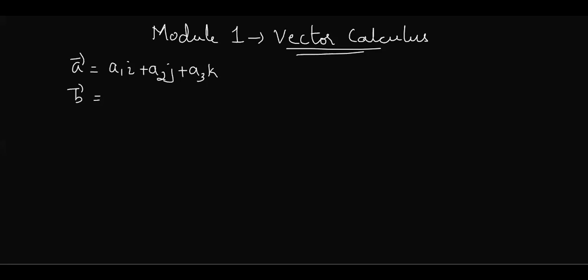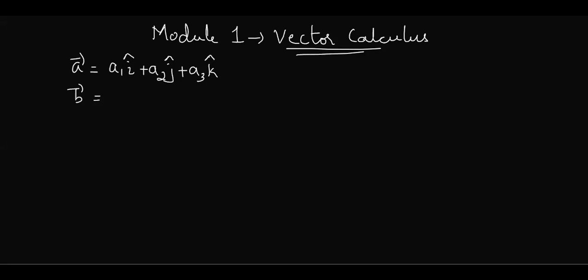Okay. Now can anybody tell me what i, j, k is representing? Unit vectors in x, y, and z directions. Very good. They are the unit vectors in x, y, z directions. You may have used this notation: A1 i cap, A2 j cap, A3 k cap. This cap represents the unit vector. It's a notation.